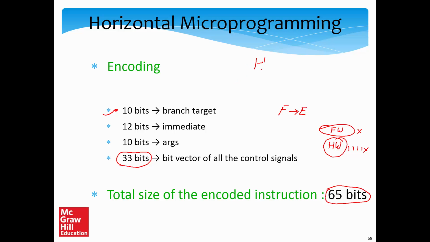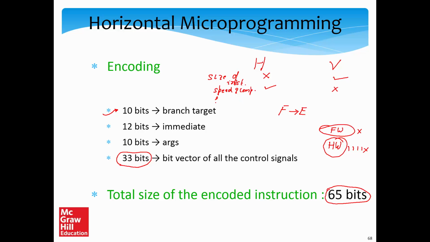If I consider horizontal microprogramming and vertical microprogramming, and I see the size of the instruction, in this case, this is bad and this is good. If I consider maybe speed and complexity, then this is good and this is bad.